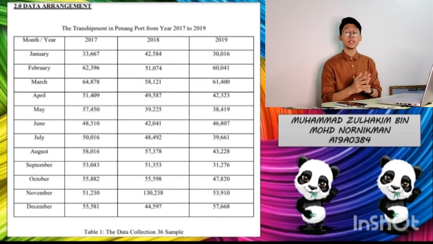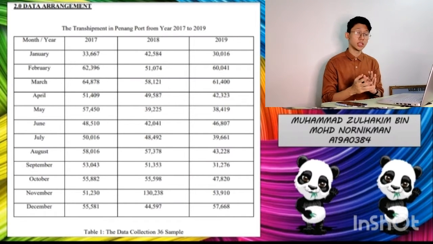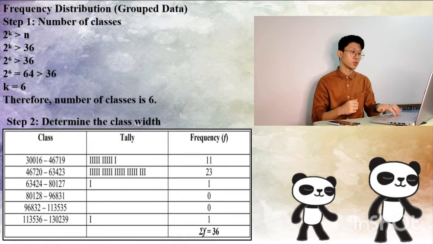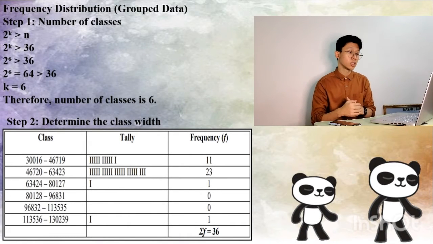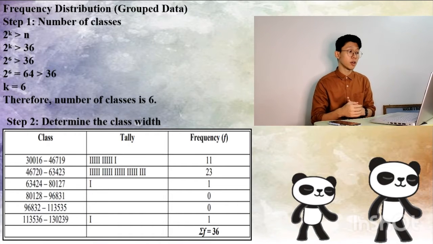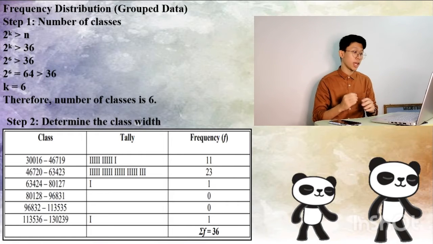So for my part, I have to do a data arrangement for the transshipment in Penang Port from 2017 to 2019. So I sort out all the data of the 12 months in 3 years. Then I have to do a frequency distribution using the first step, which is determine the number of classes using the formula 2 to the power of k more than n.